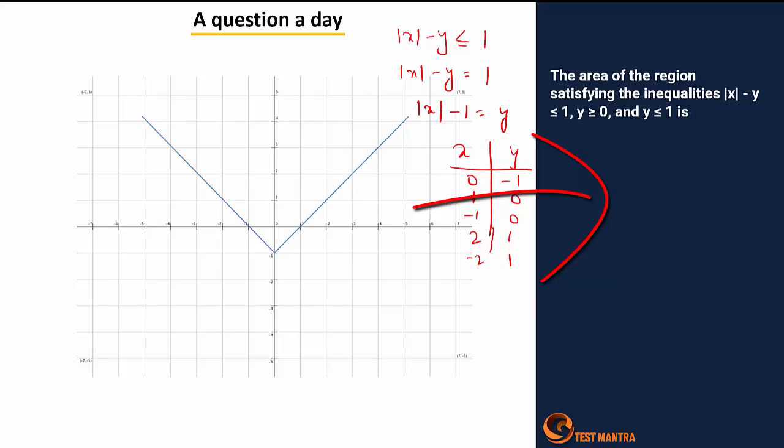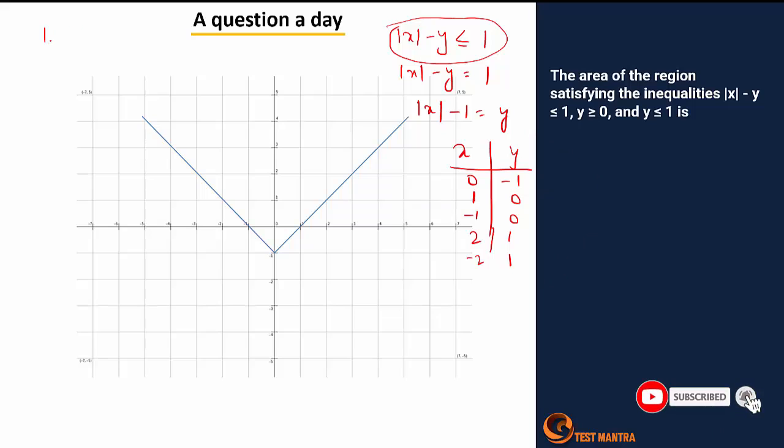But now my condition is that this value should be less than or equal to 1. So here we apply a basic zero test. The zero test says: take the left hand side and right hand side, and insert x and y as 0 and 0.